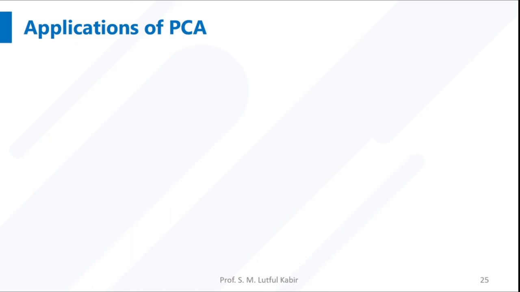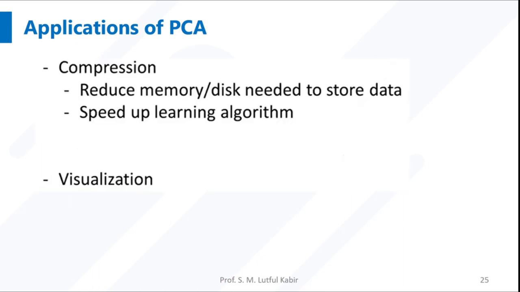The next discussion point: let us summarize the application of PCA. We have seen that there are two applications. One is compression, the other is visualization. In compression, we can reduce the memory and disk space needed to store the data, and we also can speed up the learning algorithm. Both of these objectives we can obtain by choosing K by percentage of variance retained, which we have discussed already.